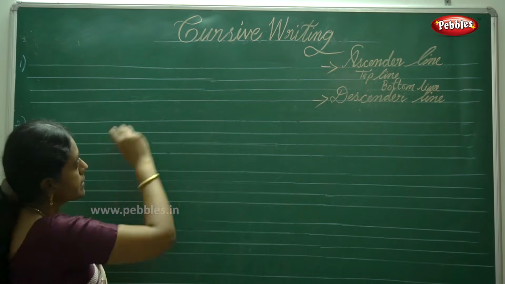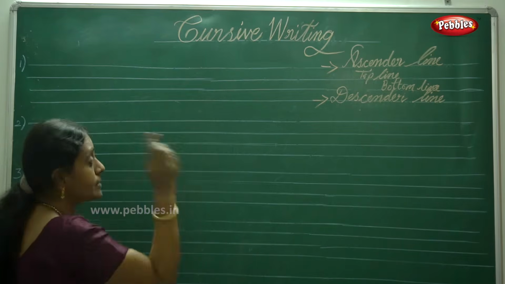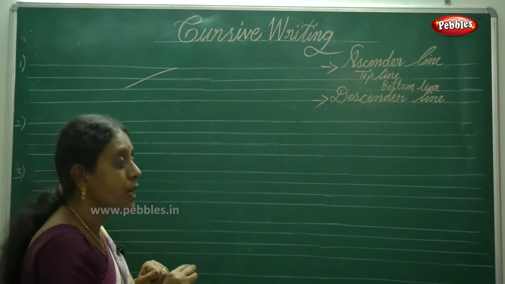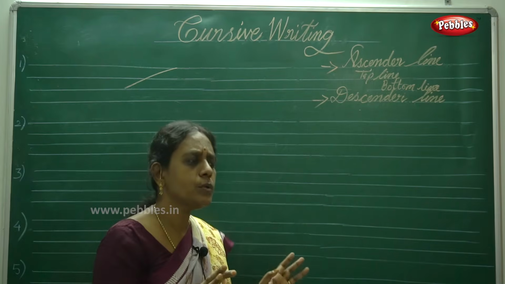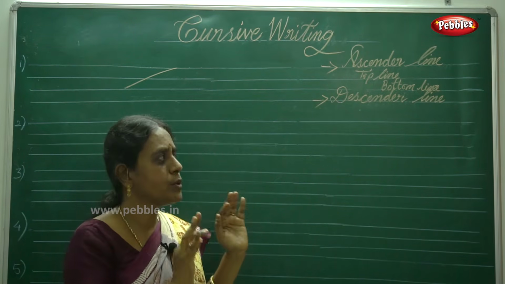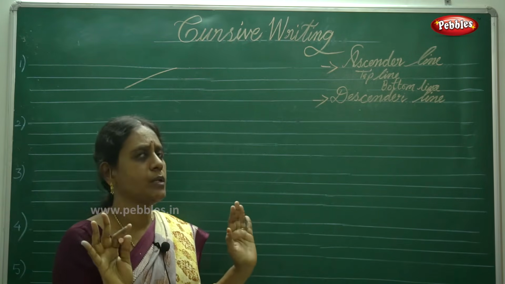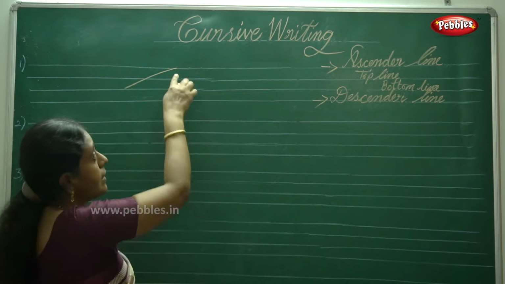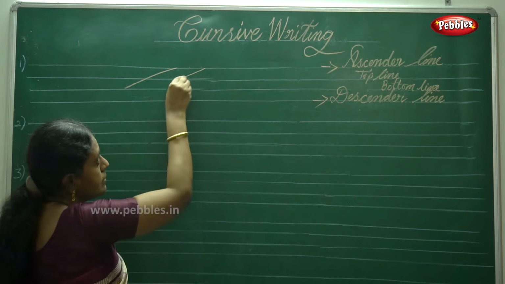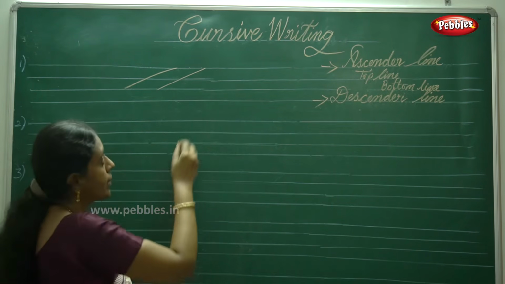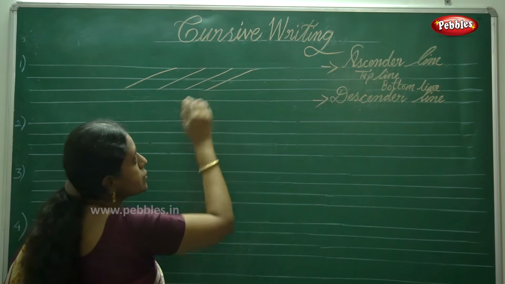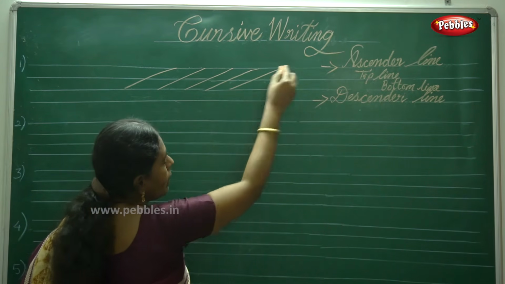First you draw one slanting line like this. Before you learn beautiful handwriting, just remember your drawing strokes. It's similar to drawing, so do it in a very relaxed mood. Then, from ascender to bottom, draw one slanting line like this.